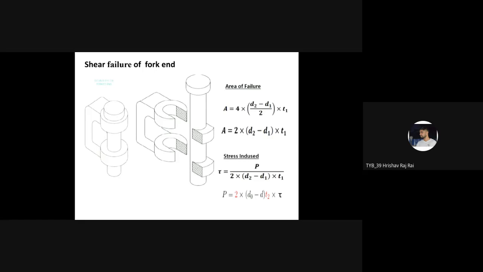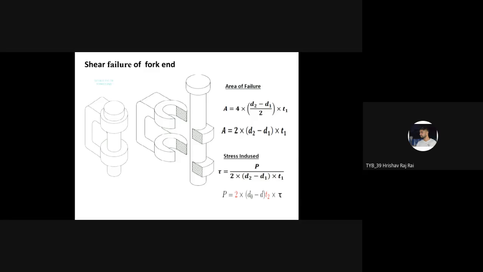Now, can we calculate the value of one area only where the shearing is taking place? That is d2 minus d1 divided by 2, where d2 is the outer diameter of that eye, double eye, minus d1, which is the diameter of the pin, divided by 2.